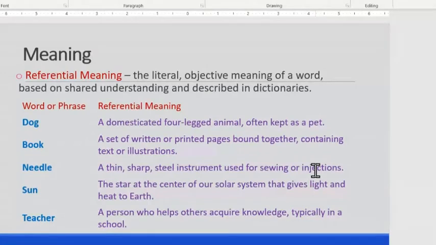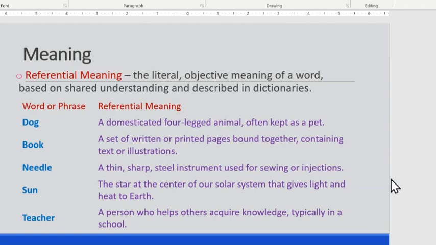Okay, and another example is the book: a set of written or printed pages bound together, containing text or illustration. That is the meaning of the book. Okay, needle: a thin, sharp steel instrument used for sewing or injections.